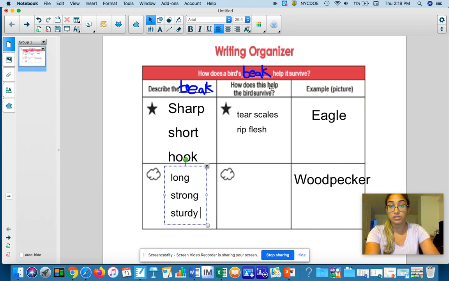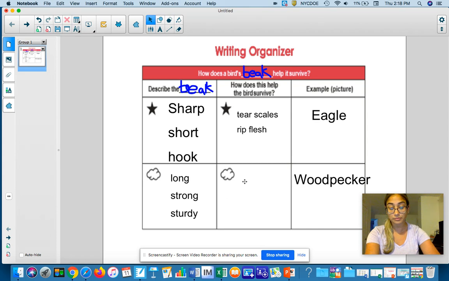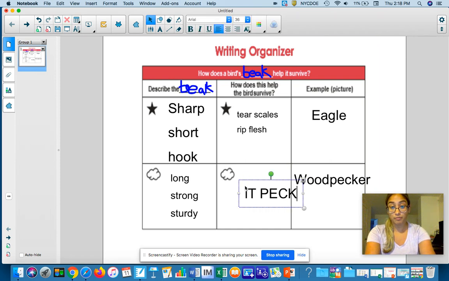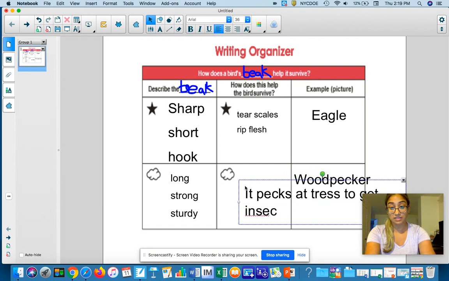Now, how does this help the bird survive? How does the woodpecker's beak help it survive? What does it do for it? Let's think about that for a second. Well, I know that the woodpecker uses their beak to survive because it pecks at trees to get insects to eat.